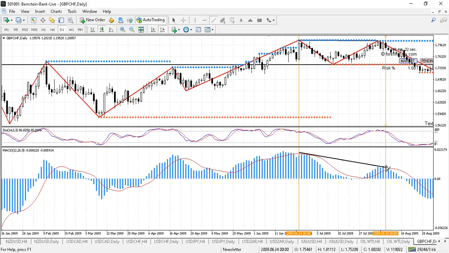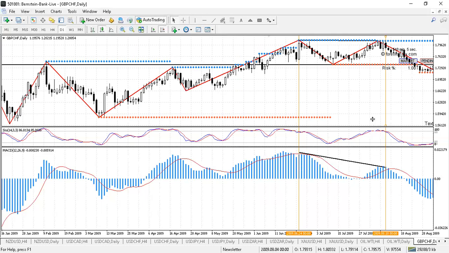Okay, so you can see it's not really divergence because it's equal peaks, but if it was a slightly higher high on the right-hand peak, then that would indicate divergence. So I want to see the MACD with the second peak looking lower than the first peak.